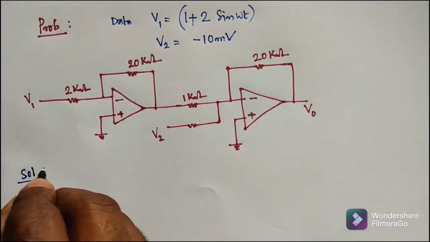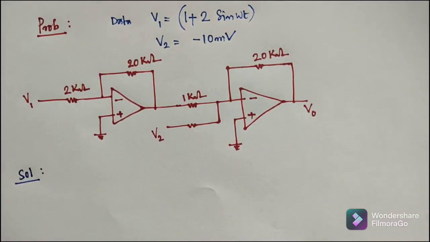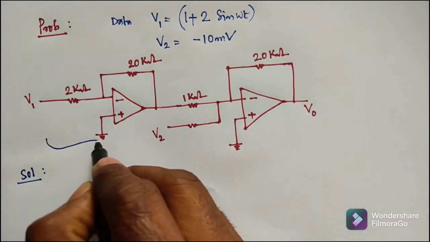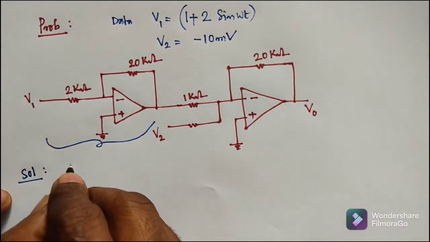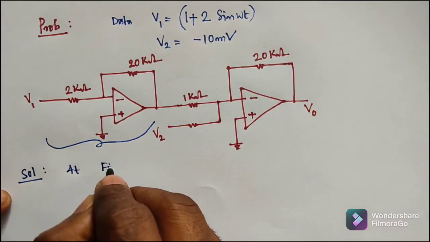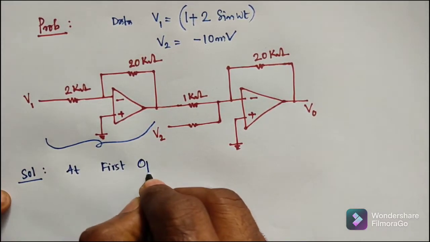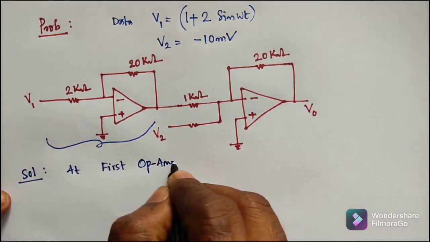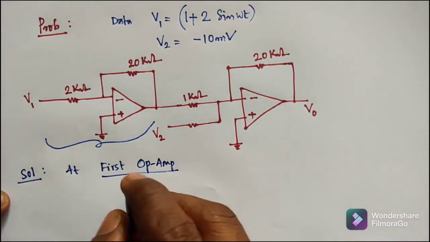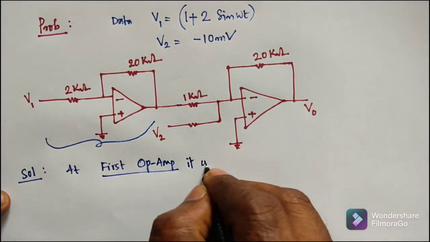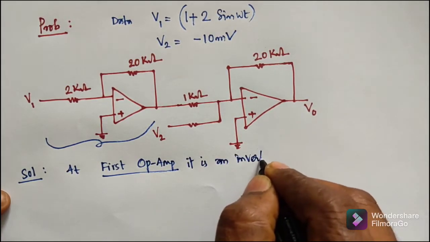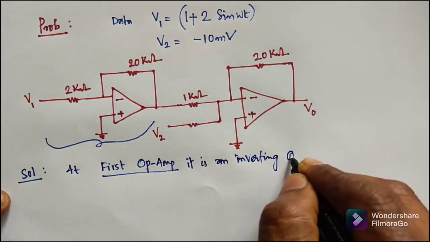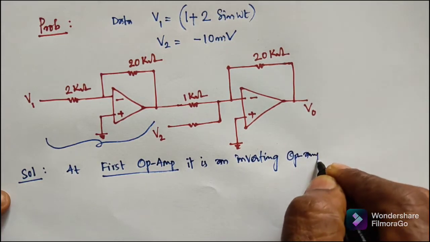The solution for this example: for the first op amp, it is an inverting operational amplifier.